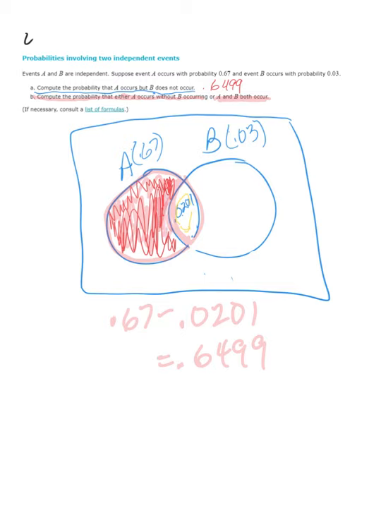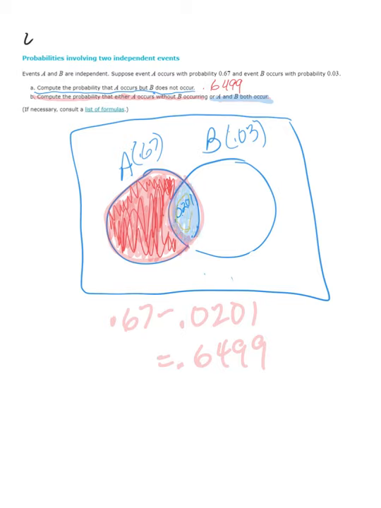So all of this is A. This right here is A without B occurring. And then this part here, A and B both occurring, well, that's the intersection of A and B. That's this part right here.